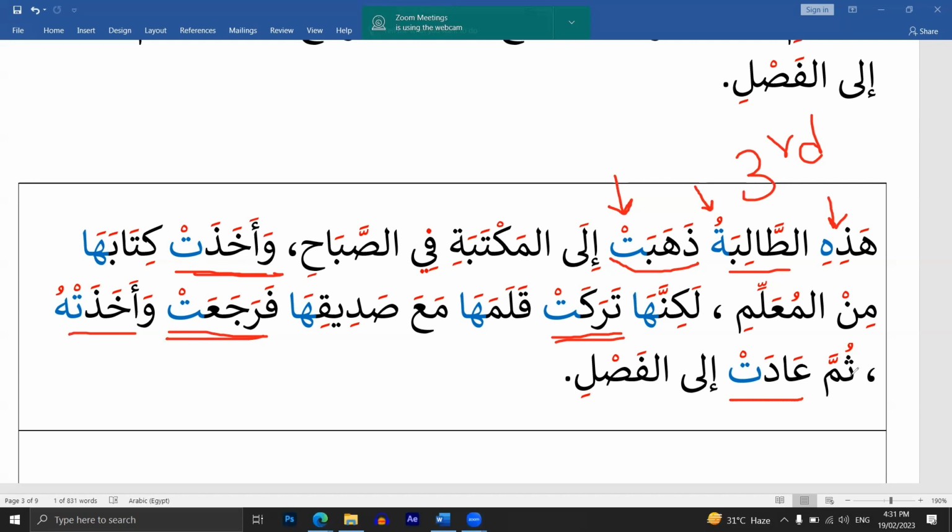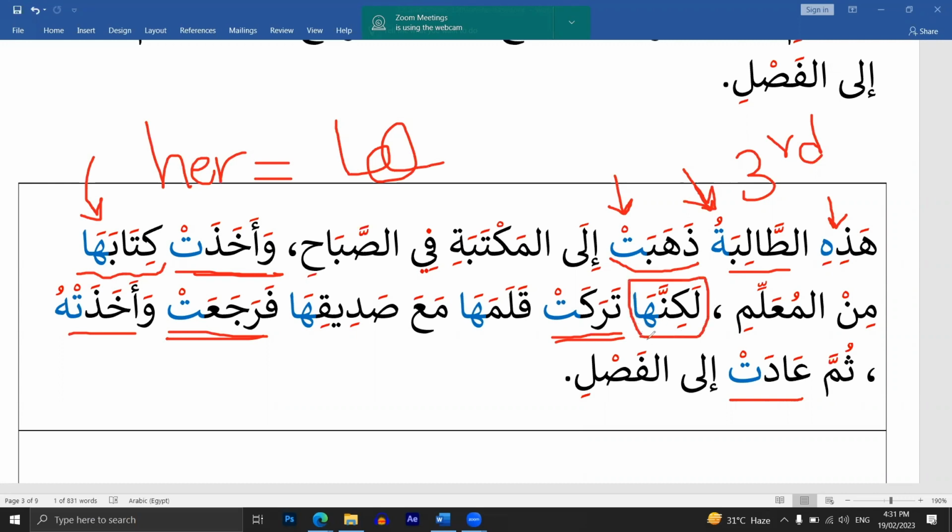And all 6 verbs will have the exact same conjugation because it's talking about the same person or the same subject. Okay, and then, apart from the verb conjugation, we have some possessive pronouns like كتابها, her book. So her in English is equivalent to her for third person feminine singular. كتابها. لكنها.